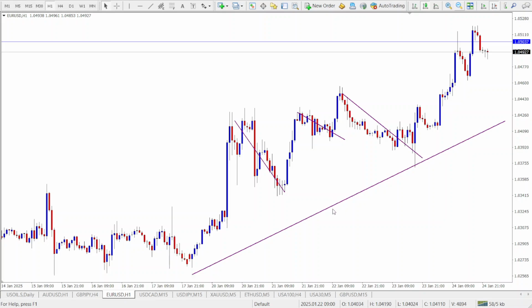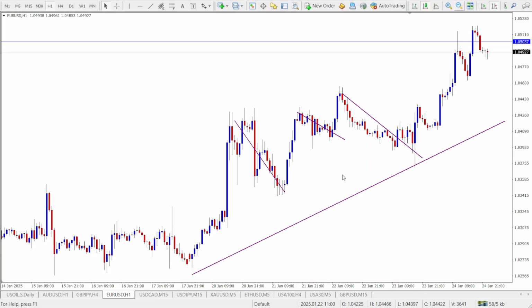Instead of entering impulsively, you wait for the retracement to show signs of exhaustion. Once the market shows it is ready to continue in the direction of the trend, that is your cue to jump in.